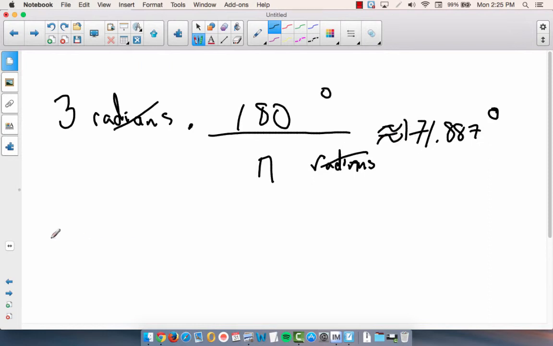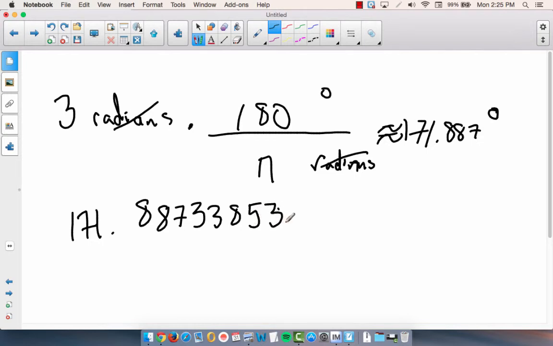But I'm not going to delete that on my calculator. On my calculator right now it says this: 171.88733839247. And I'm going to leave that on my calculator when I change this into degrees, minutes, seconds.